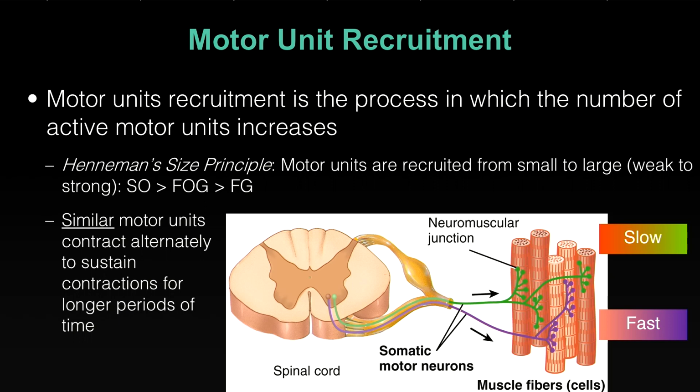And so what you might find is that other slow motor units, other slow oxidative units, will alternately contract to give the first ones a rest, to allow them to recover. So similar motor units of the same fiber type will contract alternately to sustain contractions over longer periods. You won't have type 2X fibers taking over for slow oxidative if you're out for a run later today. That won't happen.